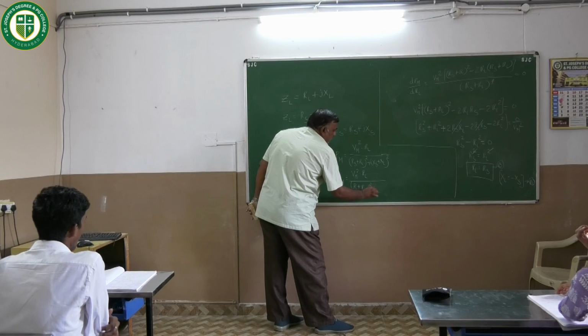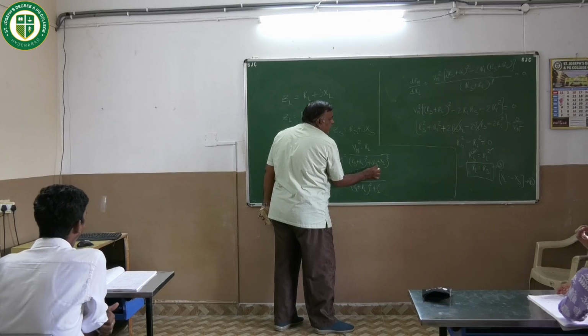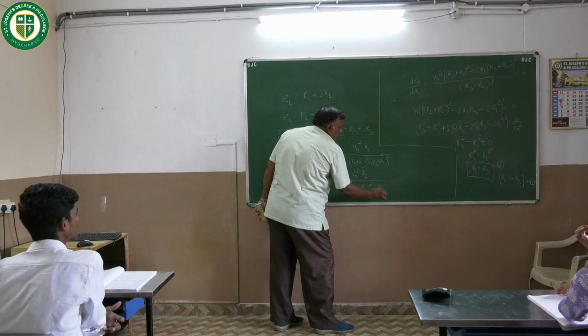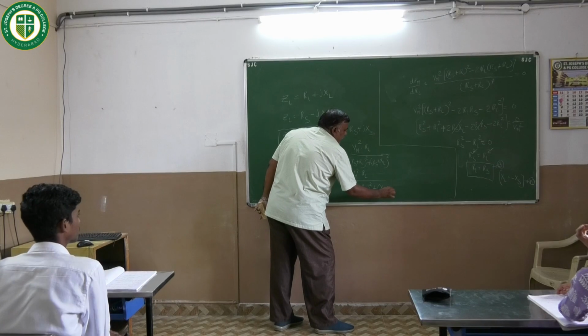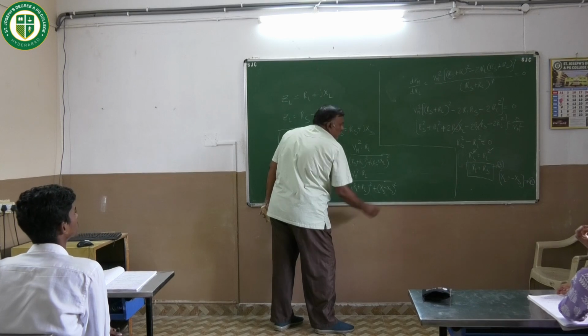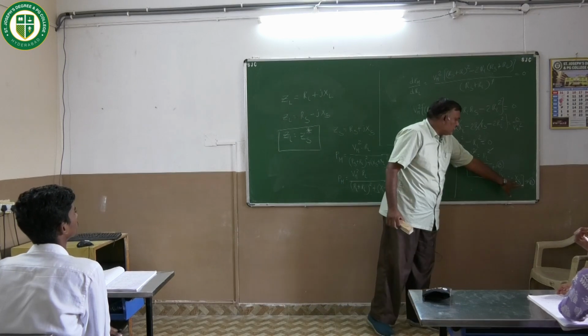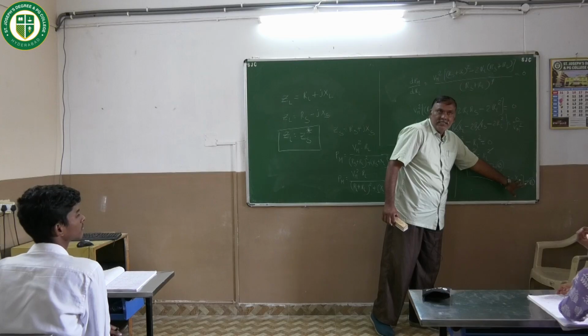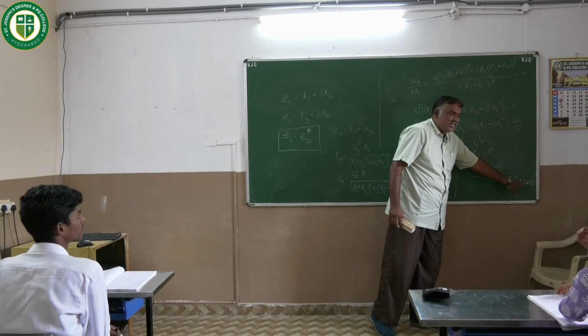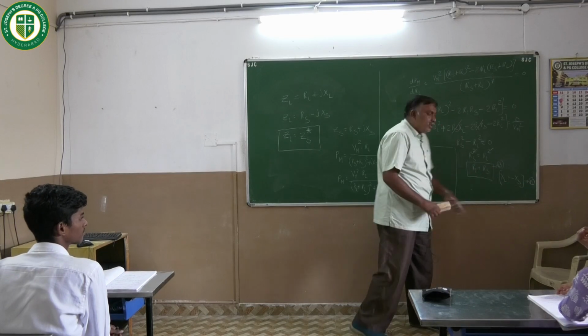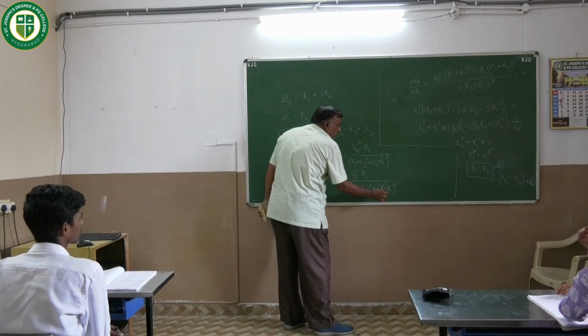whole square plus, in the place of XS or XL, we will substitute minus XS. Or you can write XL is equal to minus XS, or XS is equal to minus XL. So anything is okay. So these two will cancel.